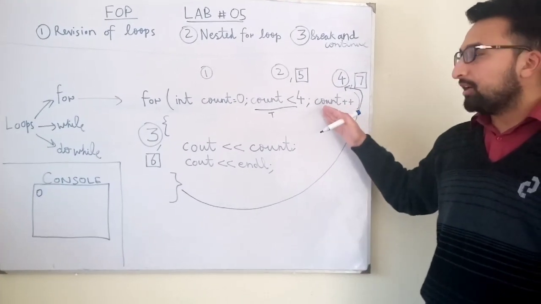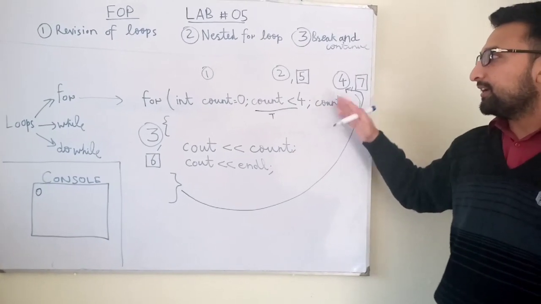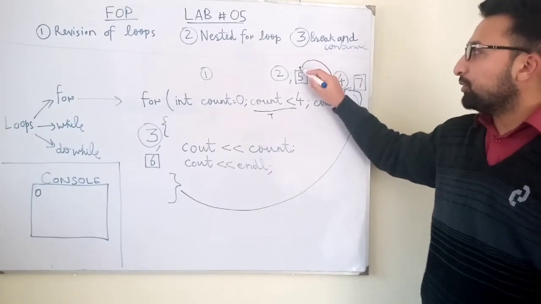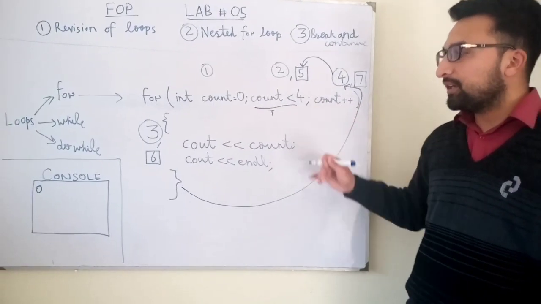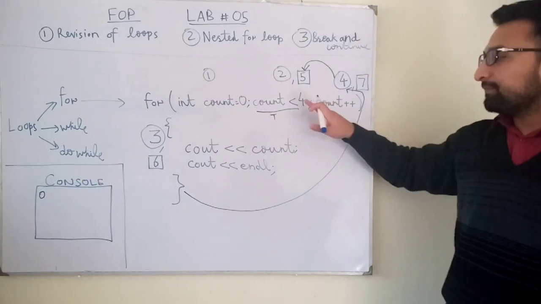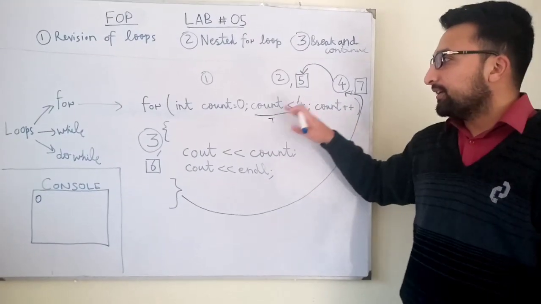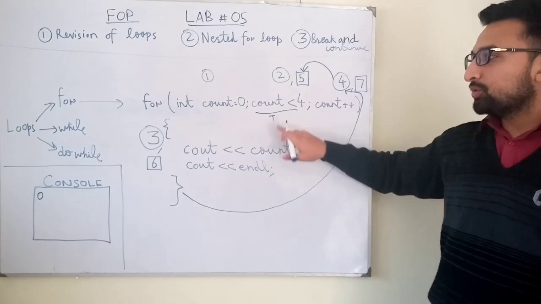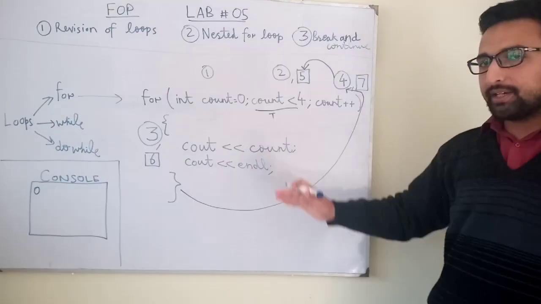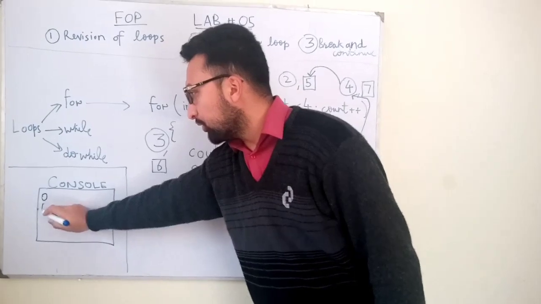And after incrementing or decrementing, it then goes to the evaluation of expression again. Now the count value has been incremented by 1, and it has become 1. So it will check 1 is less than 4. This will again be a true statement. Count's value, that is currently 1, will get printed on the console.